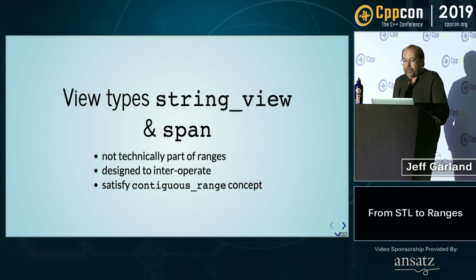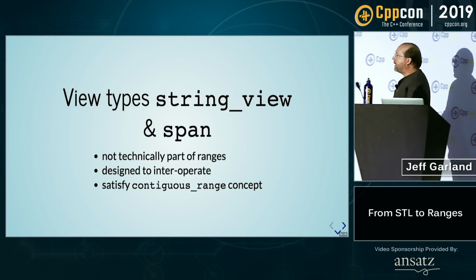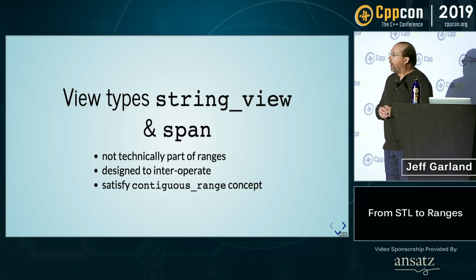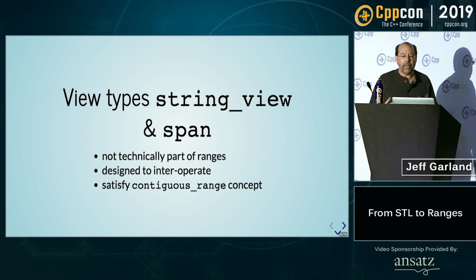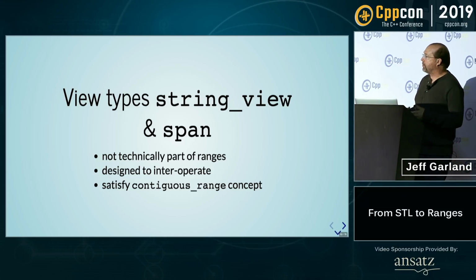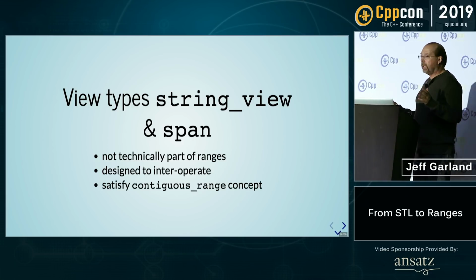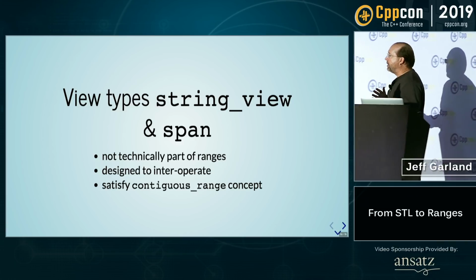So string view and span aren't really technically part of the ranges proposal, but they are range types in the sense that they're really there to interoperate. And they satisfy a contiguous range concept, which we didn't talk about the concepts, but a contiguous range is exactly what you think. It's laid out contiguously in memory.